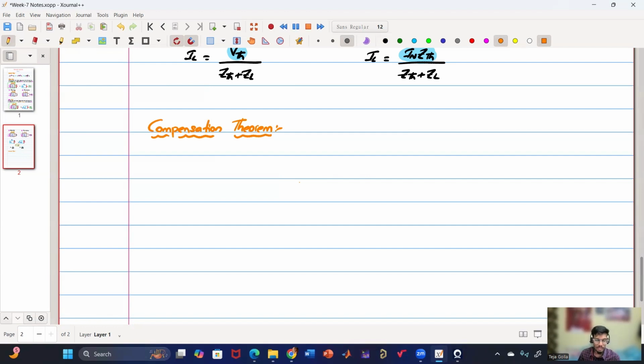So this can be calculated using an equivalent circuit. So let me just state the compensation theorem.